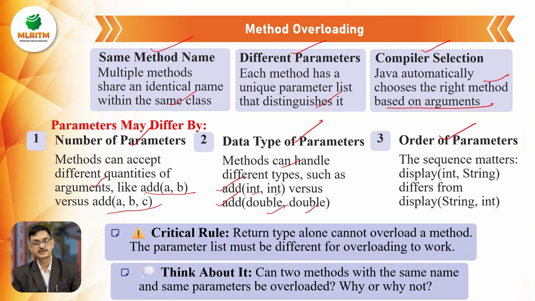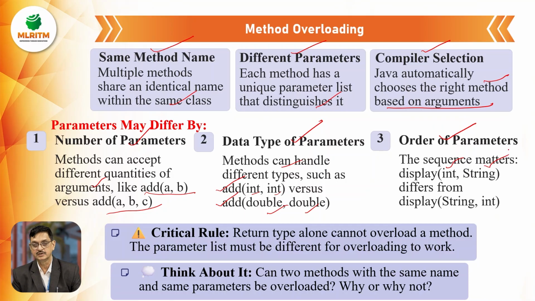So based on the data type of the arguments, the compiler also selects the appropriate one. We have a third category also: whatever the number of parameters we use in the method, the sequence may differ. It may be, in one case, int and string.